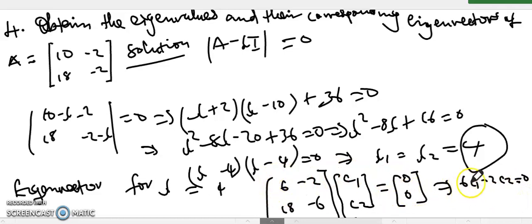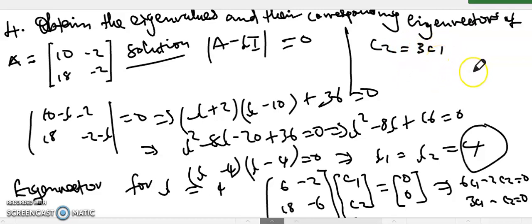In the second equation we can divide by 6, so that we simply have 3C1 minus C2 equal to 0. So what will be the value for C1? Let us continue here. We simply have C2 equal to 3C1.